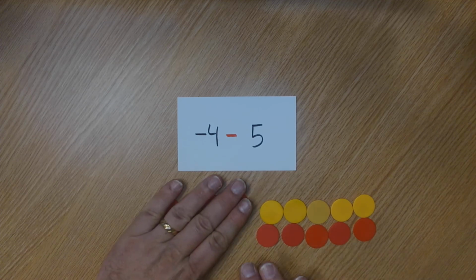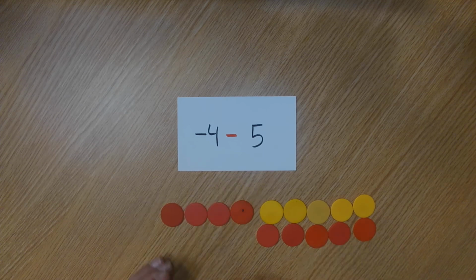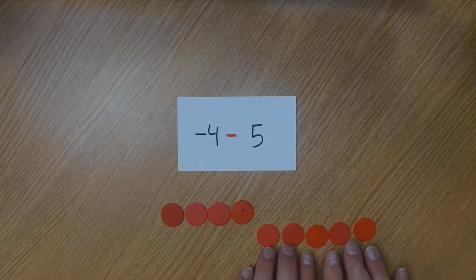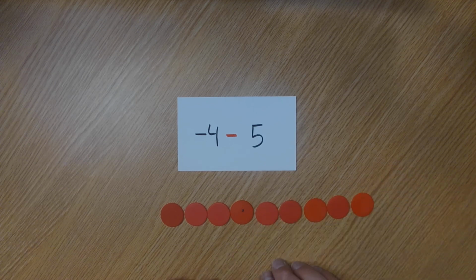That way, again, this is 0 because I've got 5 positive, 5 negative, so 0. So it's kind of like I'm adding 0, and so it's not going to change. So what this allows me to do is now I can subtract these 5 positive discs, and so now I end up with negative 4 minus a positive 5, and I end up with a negative 9.